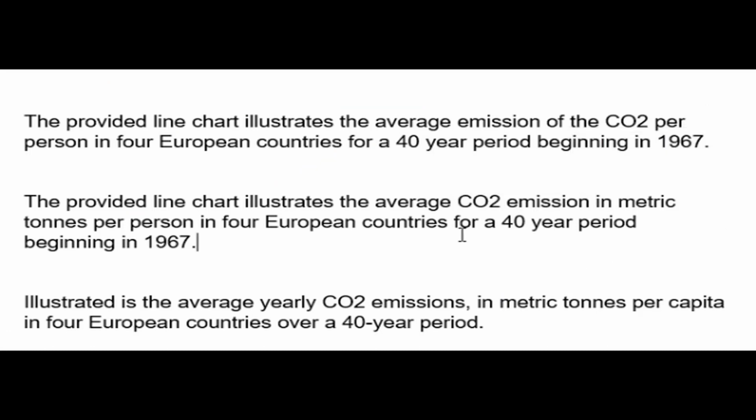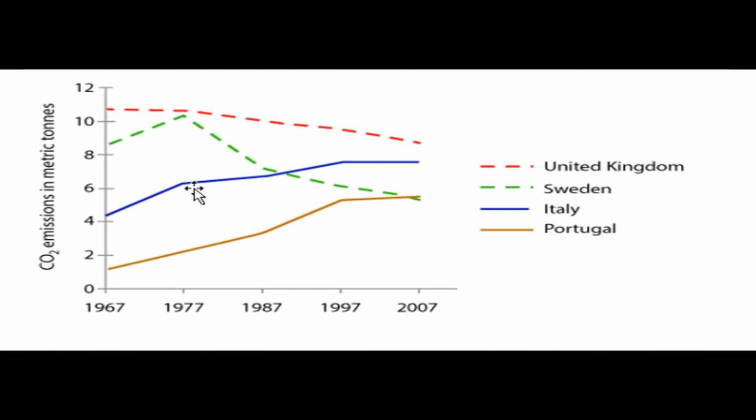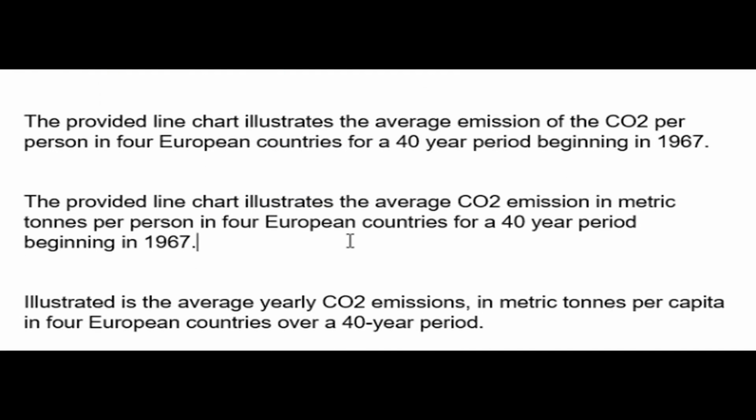Now, another problem is that our introduction doesn't really address the y-axis, the CO2 emissions in metric tons, and we are going to have to say what unit is used in the chart, because otherwise we're going to have to repeat this phrase again and again. So why not just say here in our introduction that the unit being used is metric tons.